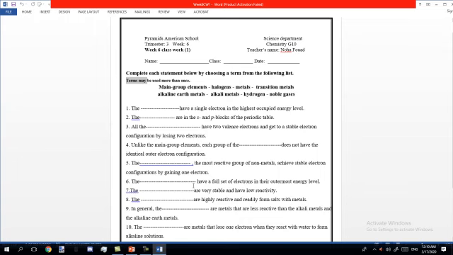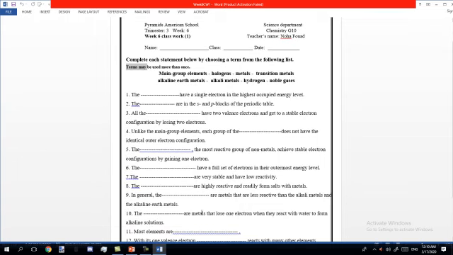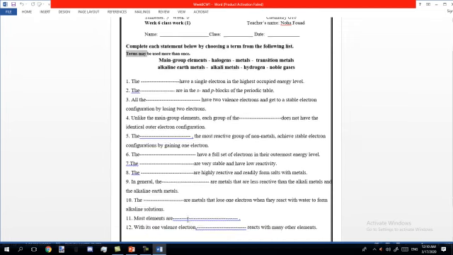Number 10, the dash are metals that lose one electron when they react with water to form alkaline solution. They are metals, so they are group 1, which are alkali metals. So the alkali metals are metals that lose one electron when they react with water to form alkaline solution.